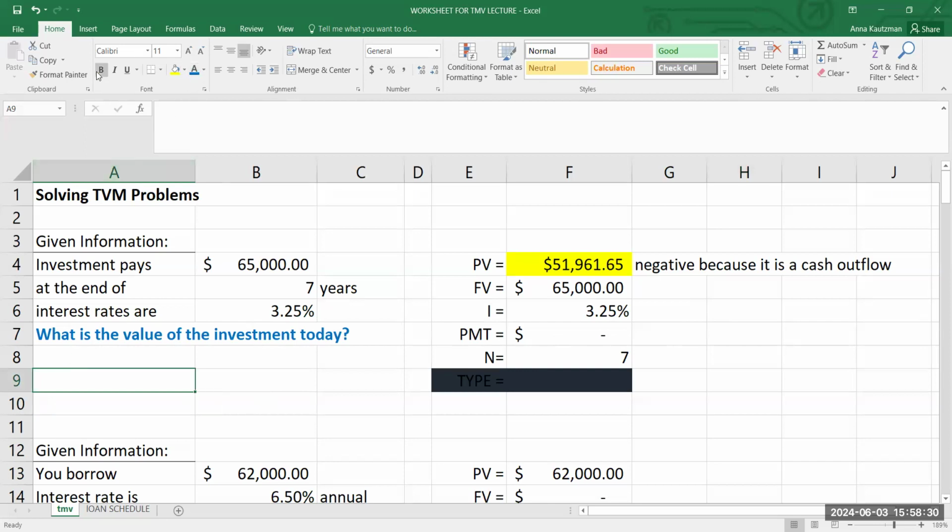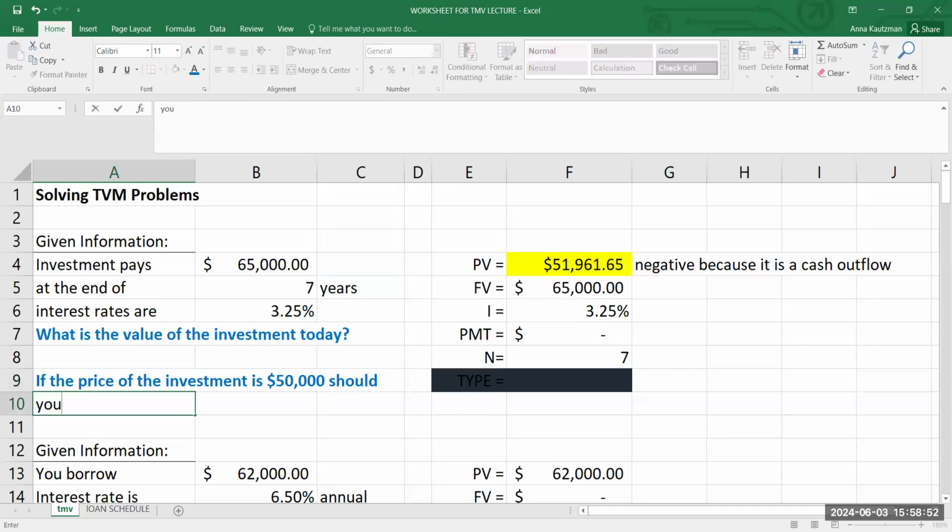It may say, if the price of the investment is $50,000, should you buy it? Okay. So you want to put all the questions.